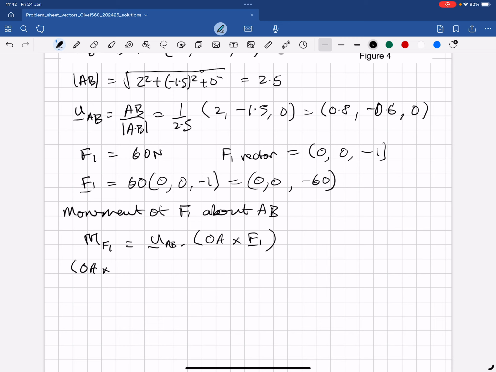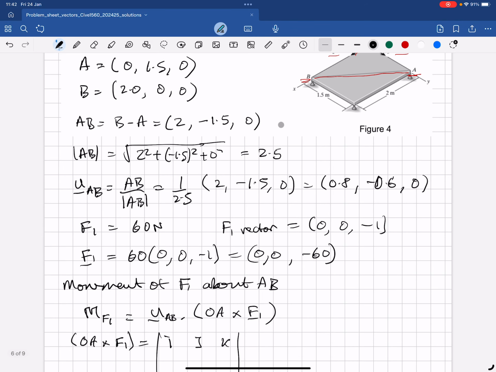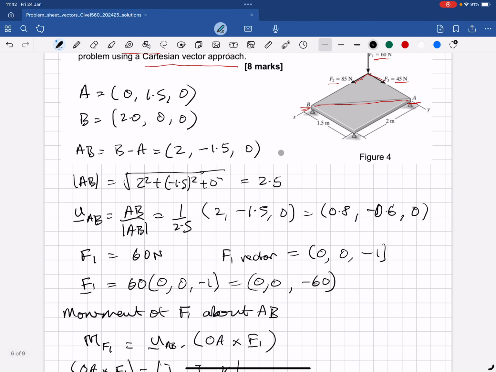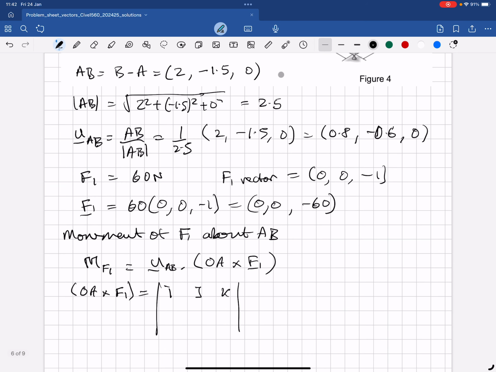So OA cross F1, and we can do it using the determinant notation. So we have I, J, K. OA is 0, 1.5, 0, and F1, if we calculated, is 0, 0, minus 60.